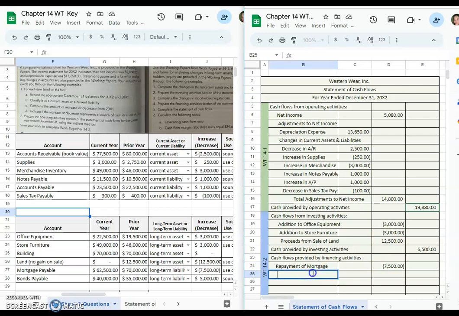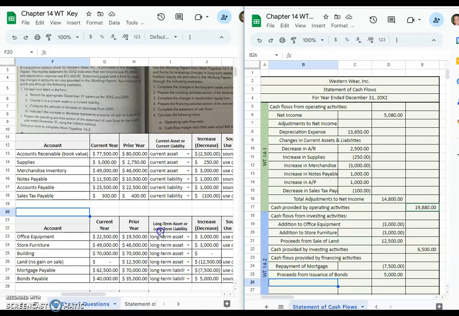And then it looks like we must have issued additional bonds of $5,000. So we'll call that one proceeds from issuance of bonds. And we got cash from that, so it's a $5,000 source of cash.